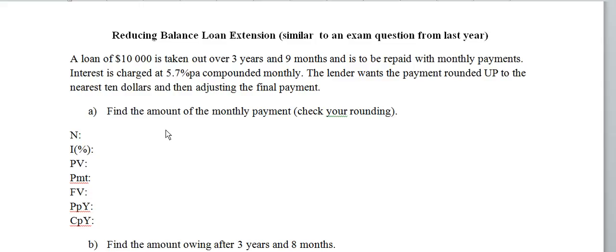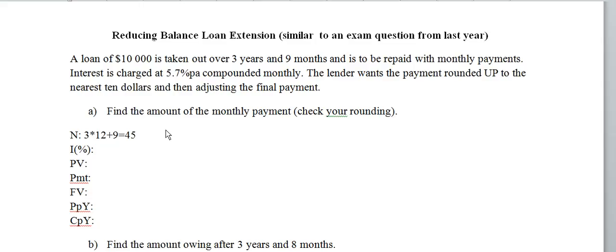For N, if it's 3 years and 9 months, the 3 years gives you 3 times 12 months, or 36 months, plus 9 months, which is equal to 45 months. You could count through, but this is the most efficient strategy. When you're entering it in the CAS, you can just enter that calculation directly.